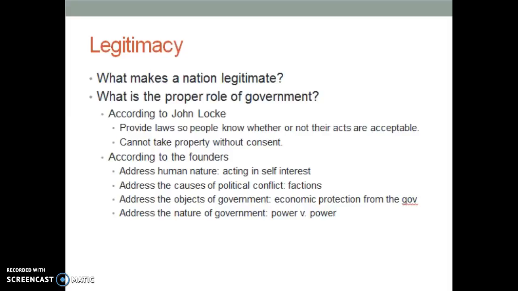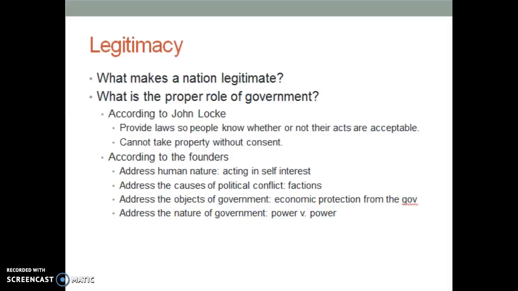Also, it's important to him that property is not taken without consent. That's evident, and you should double check this, but I want to say it's the Fifth Amendment to the Constitution. When it talks about due process, I believe one of the clauses deals with not taking our property without just compensation. Unfortunately, the government is responsible for determining whether or not that compensation is just, but it is what it is, I suppose.